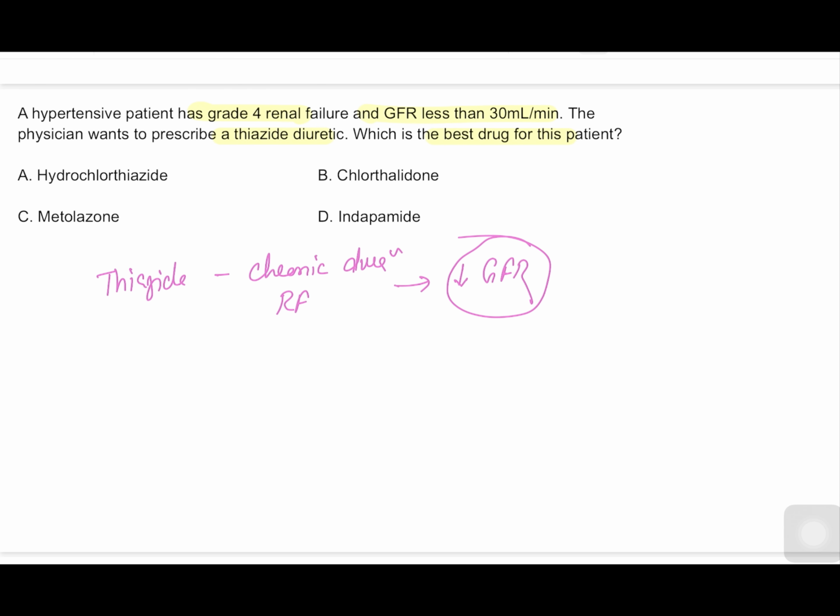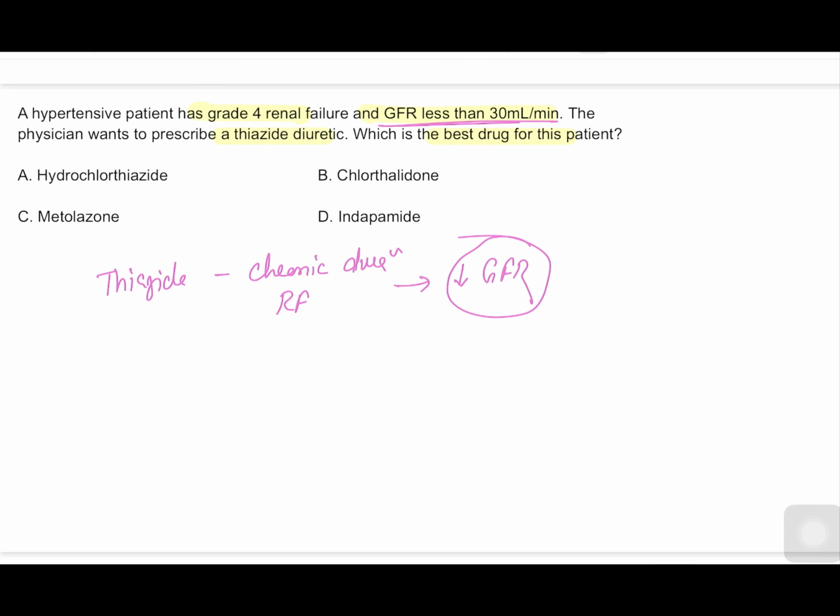Why? Because whenever we are using them, they are decreasing the GFR by their action. So whatever is filtered from the glomerulus, it is absorbed in the PCT. So that's why, if you know, thiazide can also work as antidiuretic.